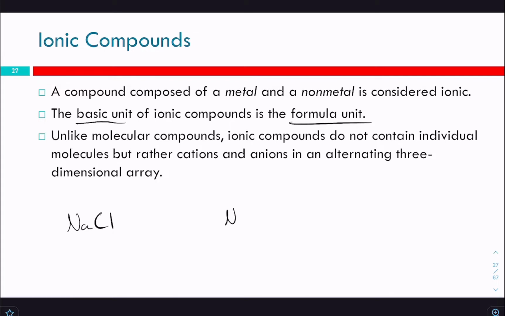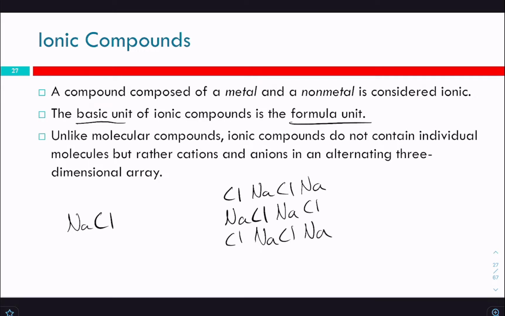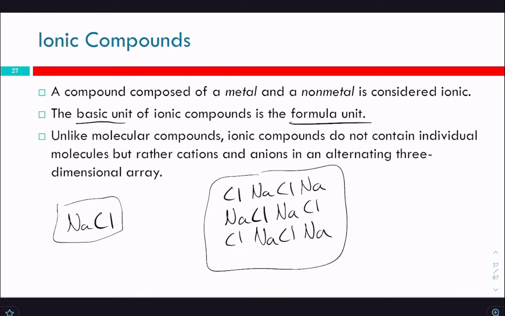But kind of like building something out of all the same type of Lego brick, these are actually in a three-dimensional alternating matrix of sodium and chlorine. So think of a wall or a block or something made of these individual pieces, all stuck together.